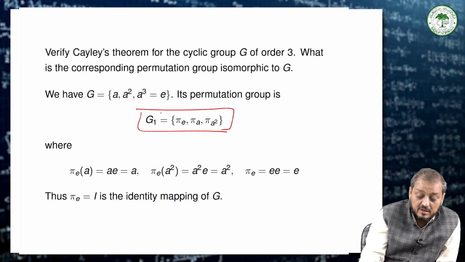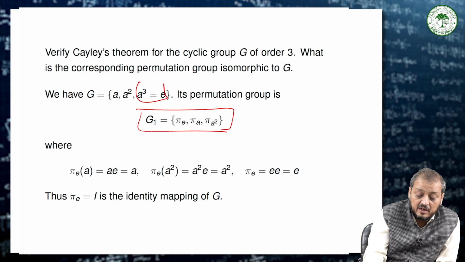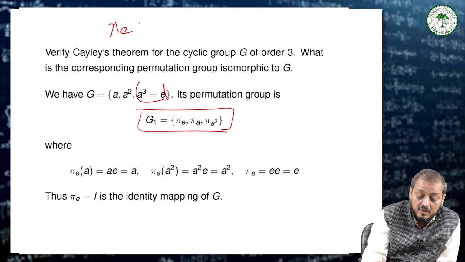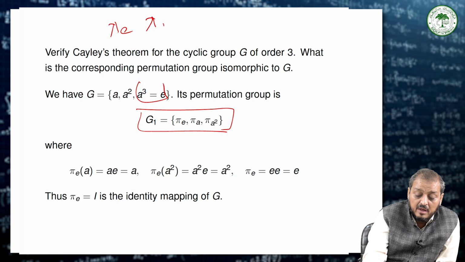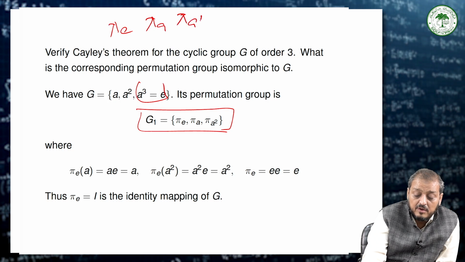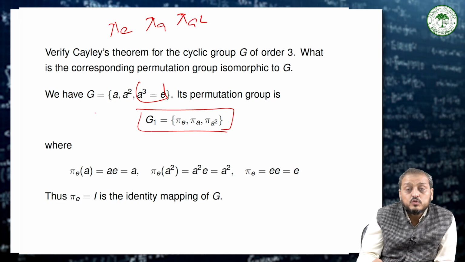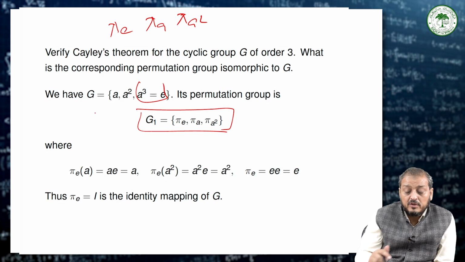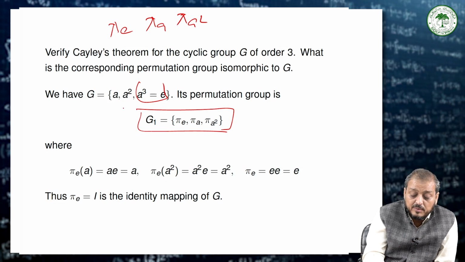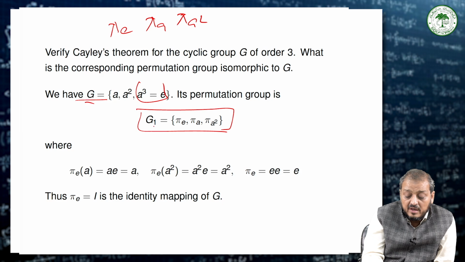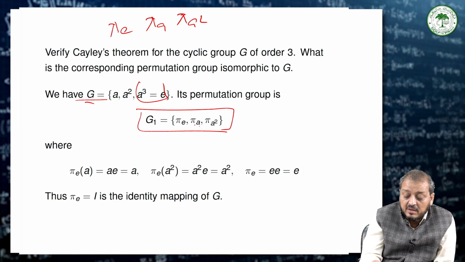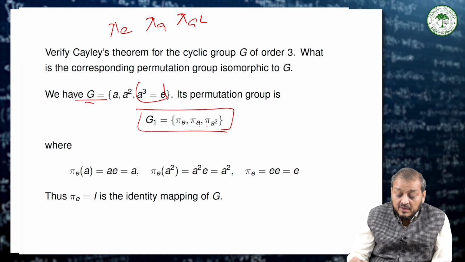So we take, corresponding to the identity, pi of E, then corresponding pi of A, and then pi of A square. So G1 is another group which is a permutation group, and we assume that G1 is equal to pi of E, pi of A, pi of A square.